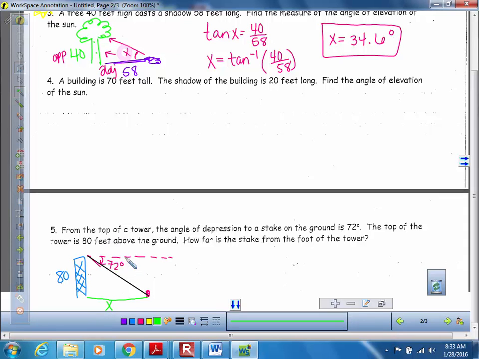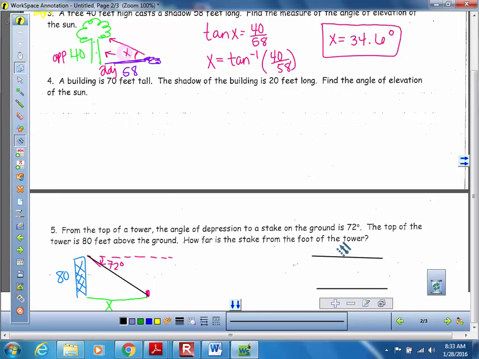Okay, this 72 is not actually in the triangle, and I need it to be in the triangle so I can look from the point of reference of what 80 and 72 is. If you remember from our parallel lines unit, if I have two parallel lines that are cut by a transversal, then I have a bunch of angles that are equal. And so I know that alternate interior angles are equal.